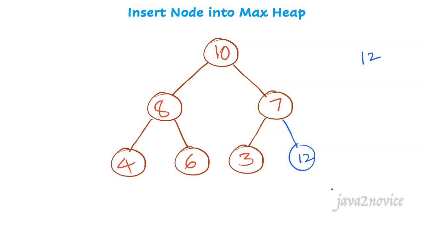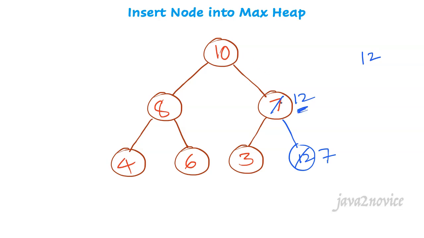Since 12 is bigger than its parent 7, it is not following the max heap property. So we need to heapify the new element following a bottom up approach. Since 12 is bigger than 7, let's swap them. 7 will be here, 12 will be here. Now continue this heapification until the node satisfies the max heap property or you reach the root node.